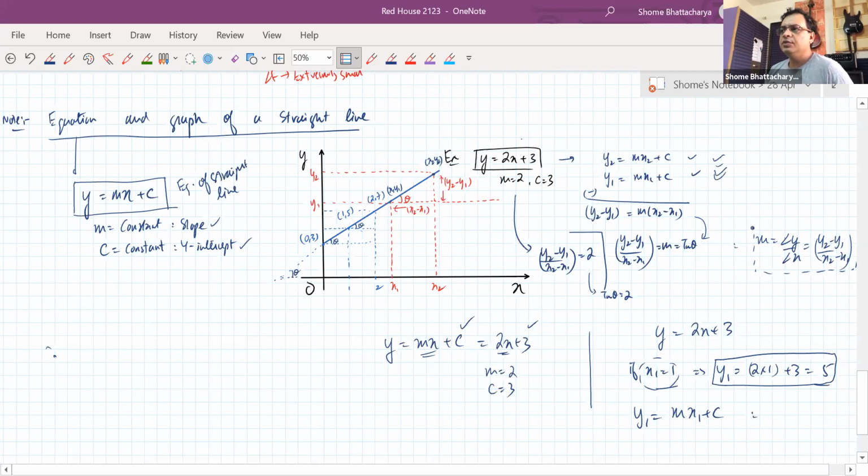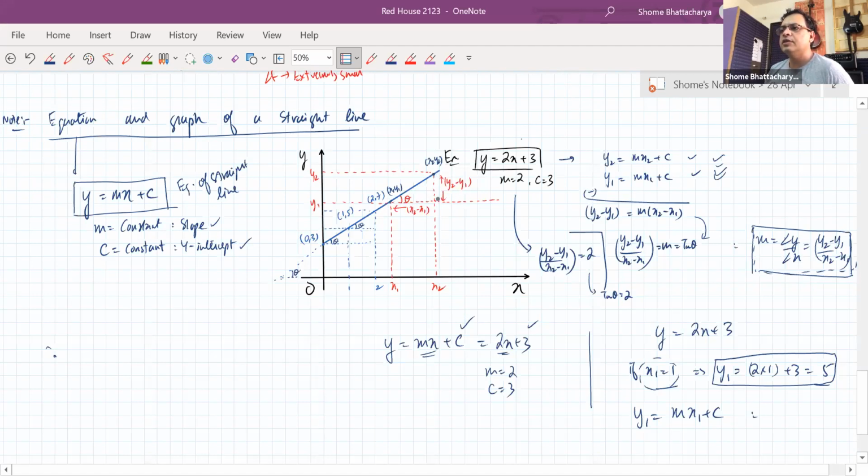Right, so this was the algebraic meaning, that m is equal to y2 minus y1 upon x2 minus x1. Now geometrically, what is the meaning of this? So you come back to this triangle. Yeah, Maitreyi, you have a doubt, beta? No, sir. Okay. So you come back to any of these triangles. What is tan theta equal to? It is perpendicular upon base. So between these 2 points, x1, y1 and x2, y2, what is perpendicular upon base?